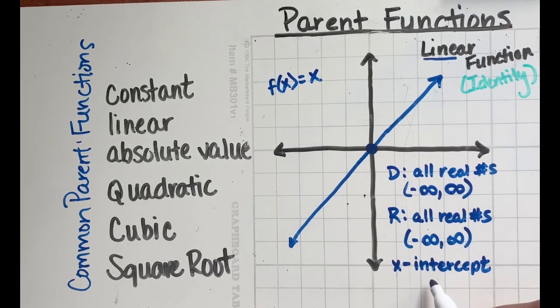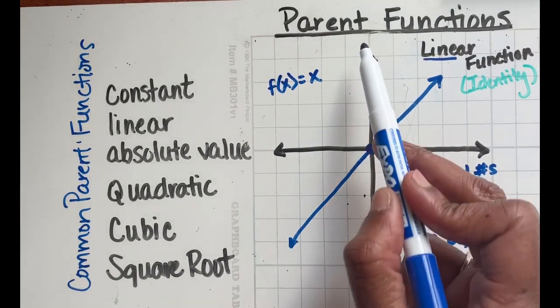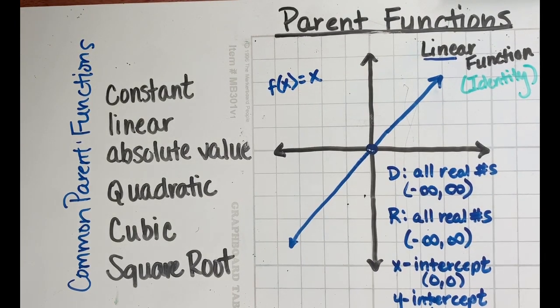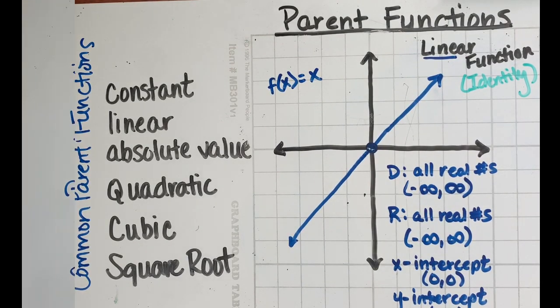What is the ordered pair for that? X is 0, y is 0. Now, where does it touch the y-axis? It touches right here. What is the ordered pair? It's 0, 0. So our x-intercept and our y-intercept is 0, 0.